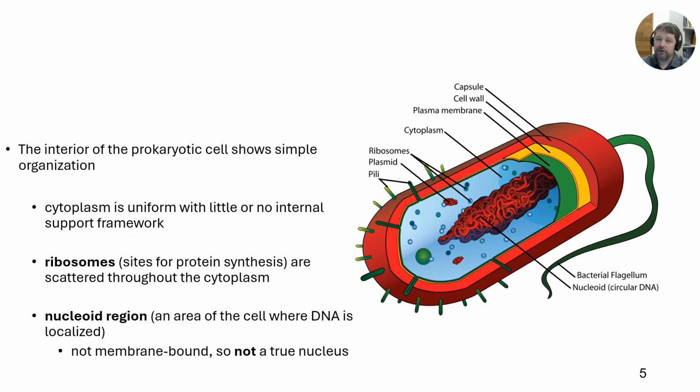Okay? And here it's showing you all three options. A capsule, the outermost protective layer, a cell wall, and a plasma membrane. And then finally, the majority of bacteria have some way to move. And that could be something like this, which is a flagellum.